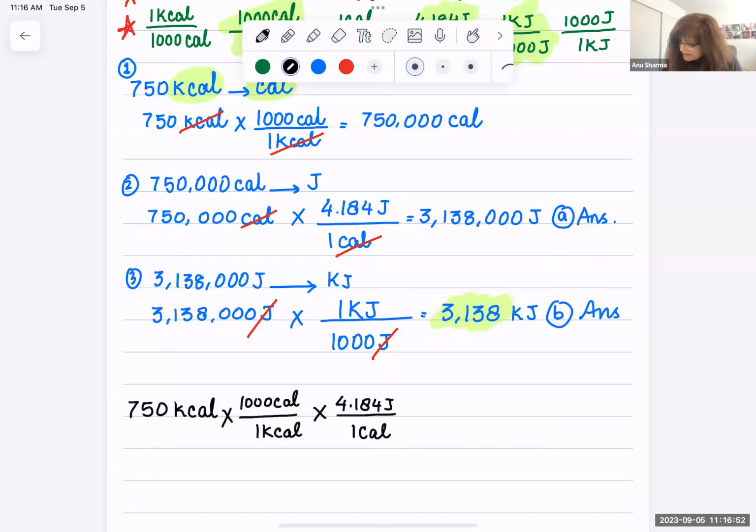So in this case, we got the answer 3,138,000 joules, if the answer is in joules.